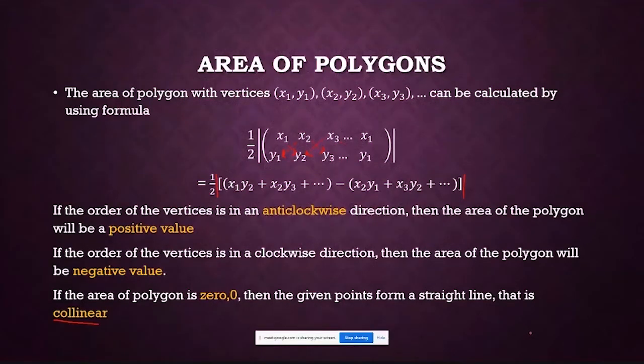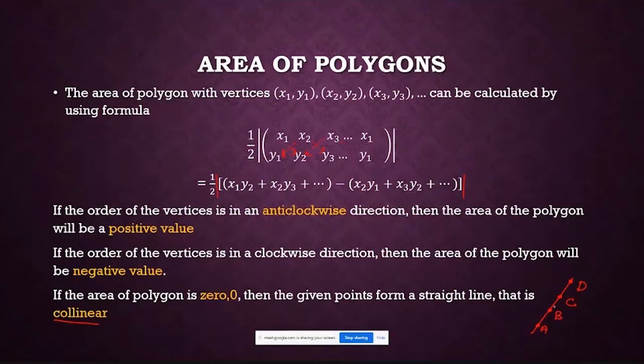Okay, so let's say you have points on one line, here point A, here point B, here point C, here point D. So when you calculate the area, it will become 0 because no area, tak ada kawasan.